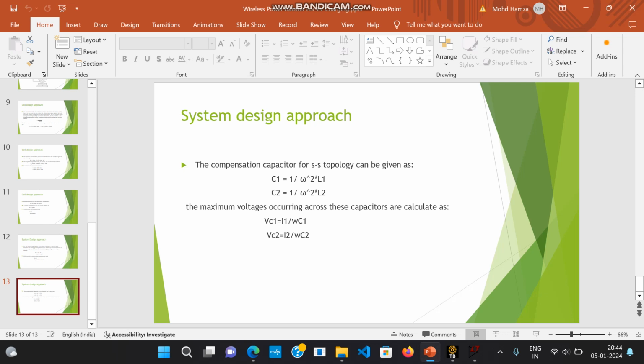L1 stands for the transmitter side coil inductance. In place of omega we are replacing it with 2 pi f. Then the question arises, what is f? F is the operating frequency which we have specified in ANSYS.